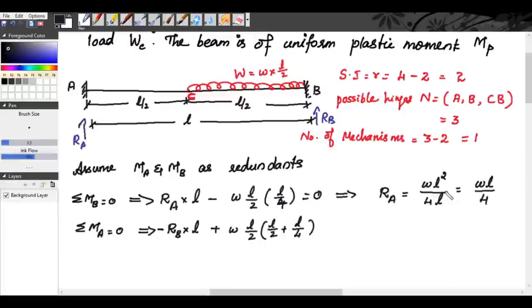So we get WL square by 8. So it is WL by 8.